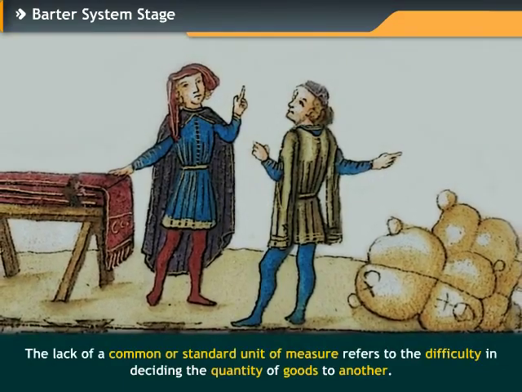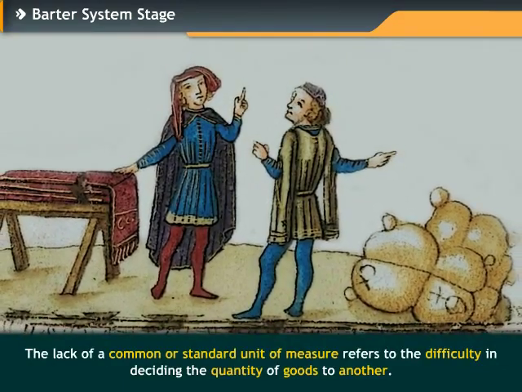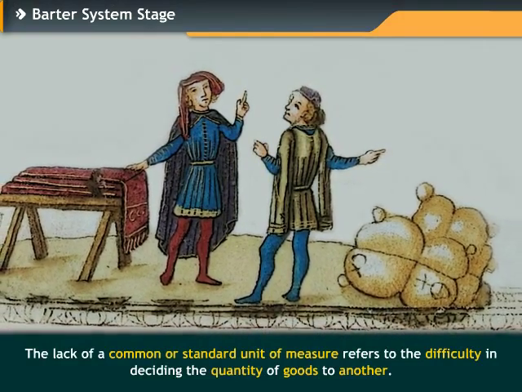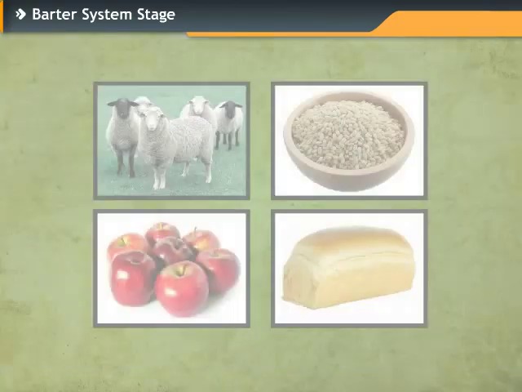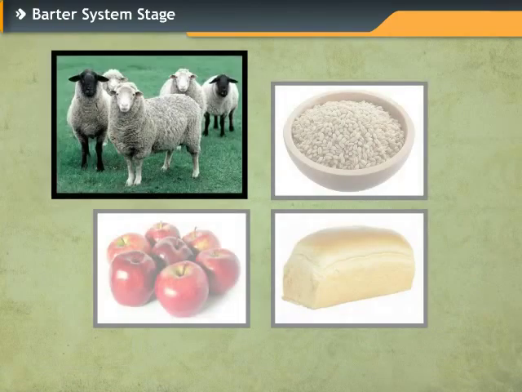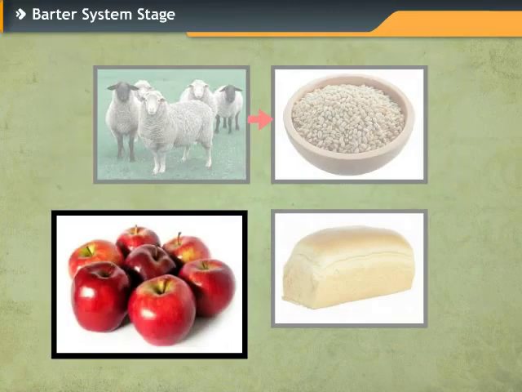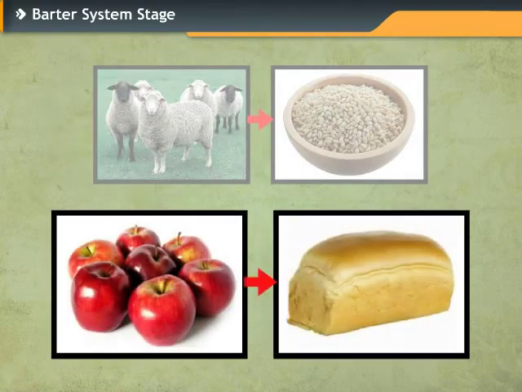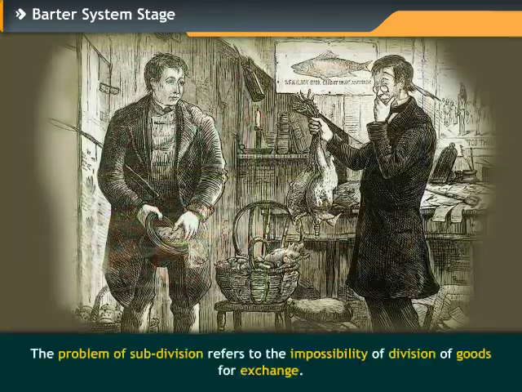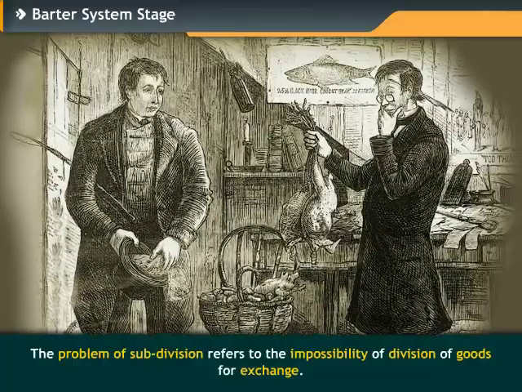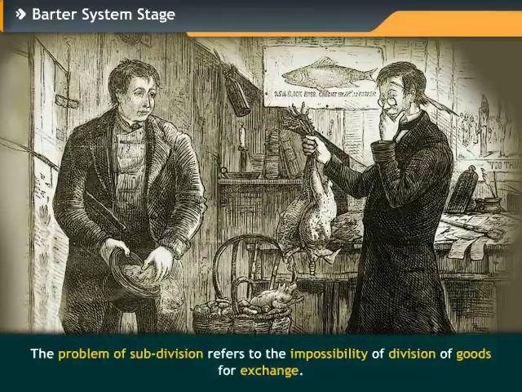The lack of a common or standard unit of measure refers to the difficulty in deciding the quantity of goods to be exchanged for another. For example, it was difficult to decide the number of sheep for one measure of wheat or the number of apples for one load of bread. The problem of subdivision refers to the impossibility of division of goods for exchange.